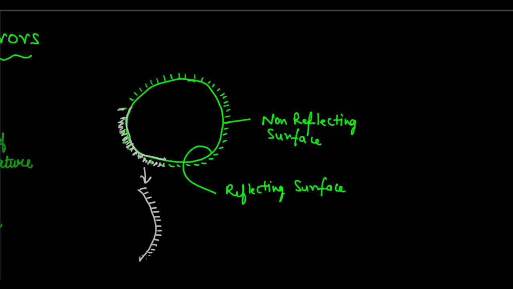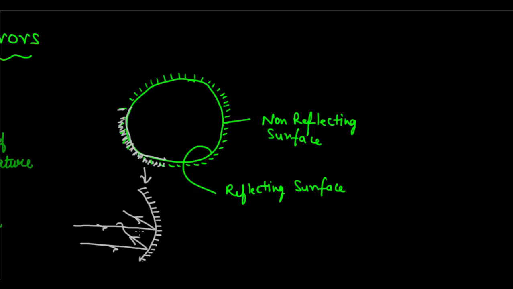This is the part of the sphere I removed. You can see that this inner surface is reflecting and it is cave shaped, and the outer surface of the sphere is non-reflecting. So a light ray can strike here and reflect. This is the reflecting surface.